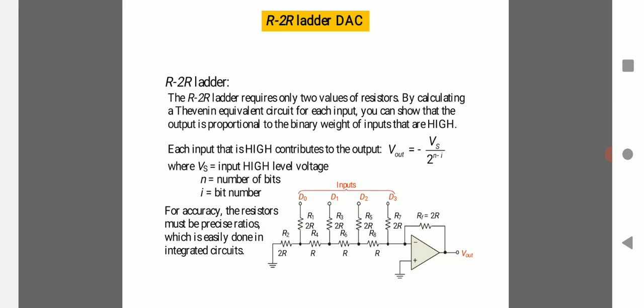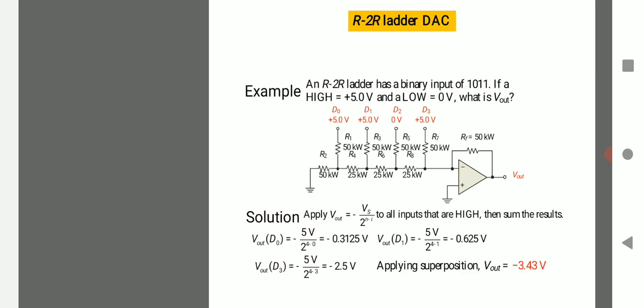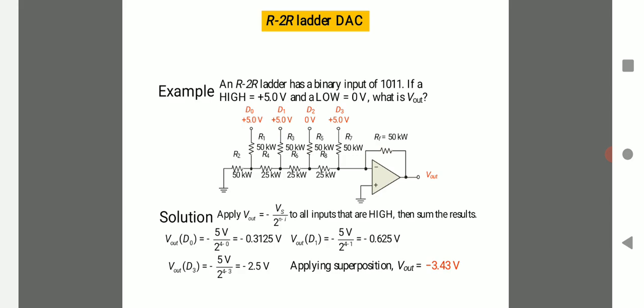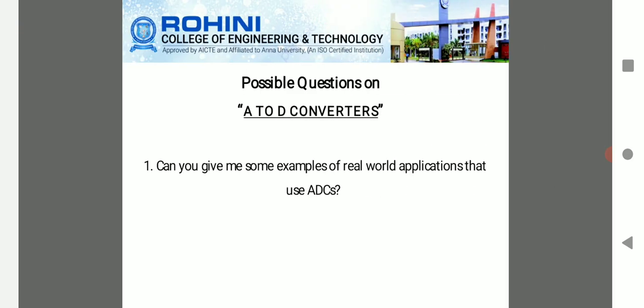One simple and easy way is to use parallel encoding, which can be done with flash, simultaneous or multiple comparators. The major advantage is that they are very simple to construct and do not require any timing clocks for their operation, as the input can be compared directly with the reference voltages. Here is also an example of the ladder.